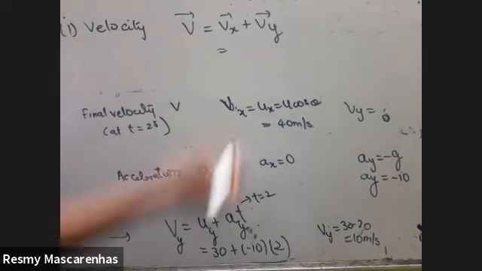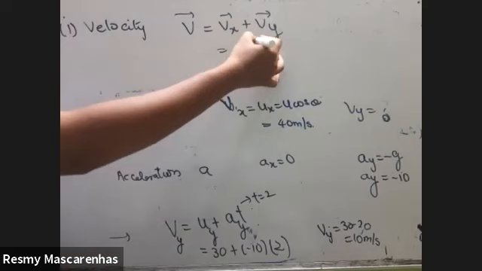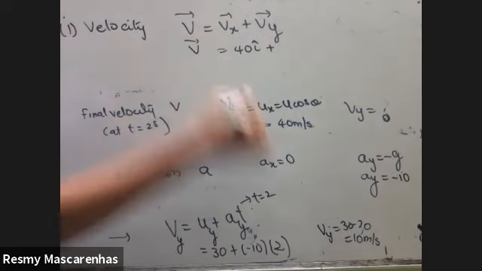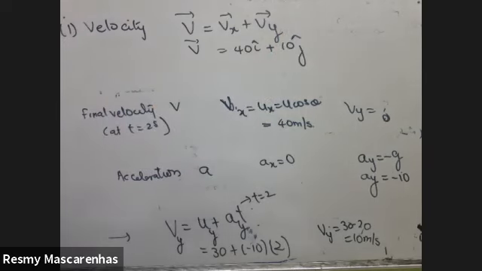Vx we got as 40, and definitely x direction means you always put i cap. And here we got 10, so 10 j. So that's the velocity. This is how we calculate your velocity.